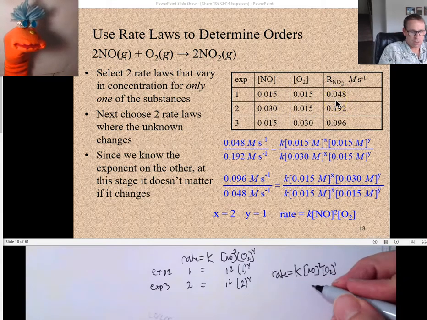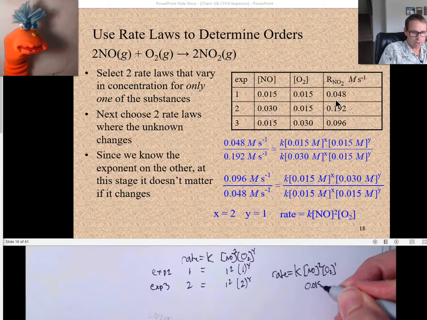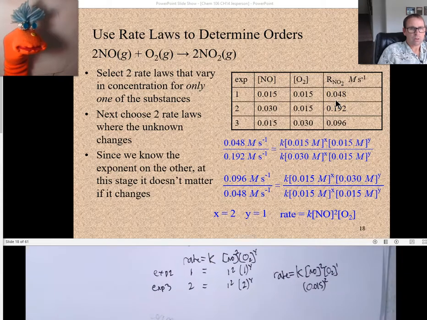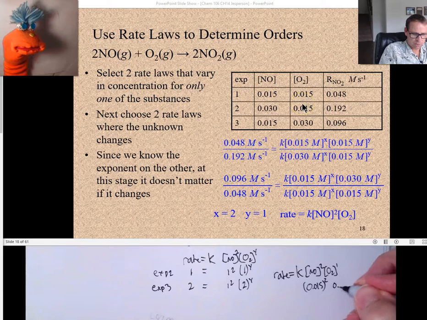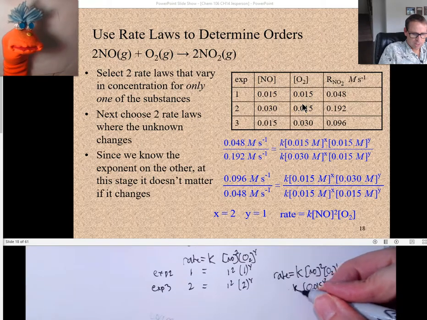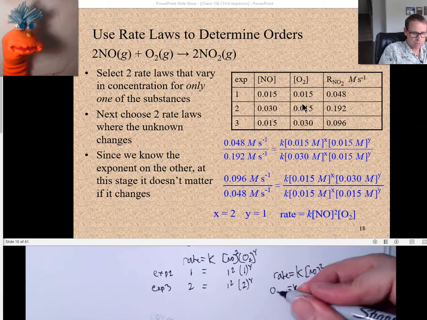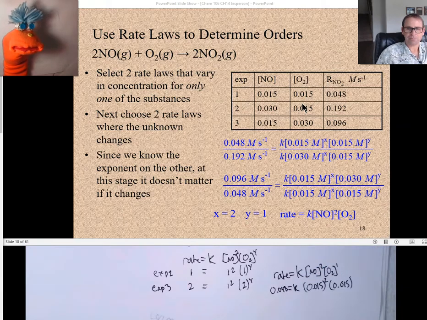So for example, for NO, I can put in here 0.015 squared, and for oxygen, well, we're choosing experiment 1, so that's also 0.015 to the 1, times K equals 0.048.